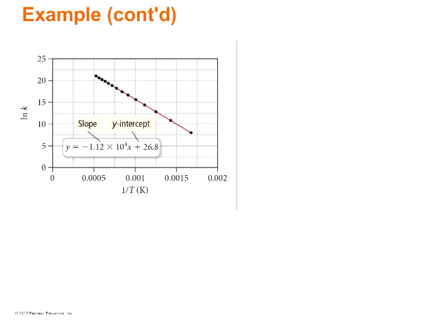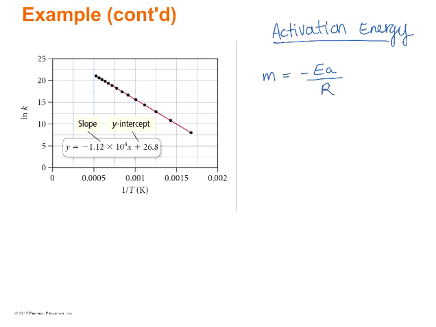So let's start by solving for the activation energy. We said that the slope, m, is equal to negative Ea over R. Let's plug in the slope, negative 1.12 times 10 to the 4th, and the unit for that is actually K, so Kelvin.